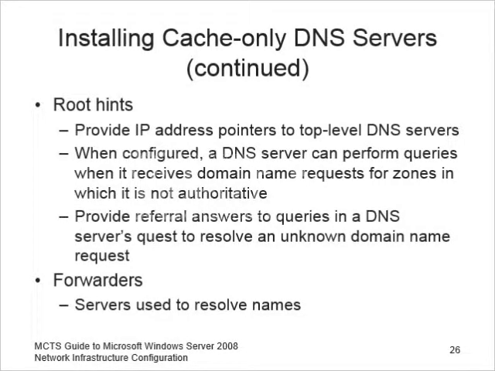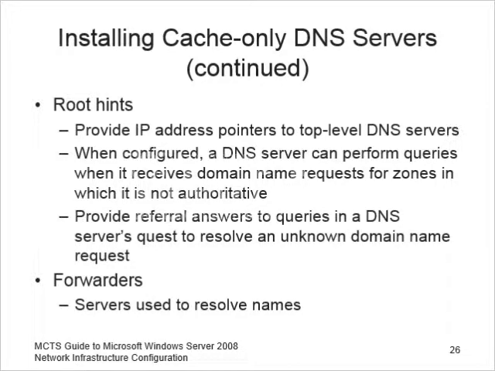DNS servers resolve DNS queries using local authoritative or cached data. But if the server does not contain the requested data and is not authoritative for the name in a query, it may perform recursive resolution or return a referral to another DNS server, depending on whether the client requests recursion.